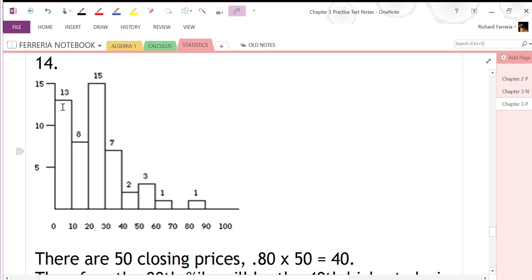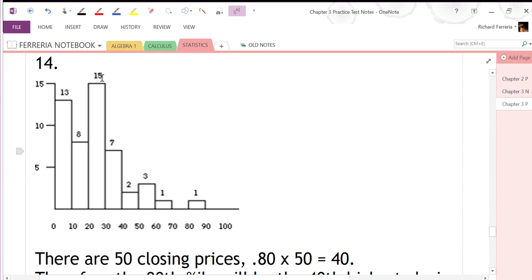So the 80th percentile, again, you said that was going to be the 40th measurement lined up from the bottom. So 13, this is the lowest 13 right here, right? This is the next lowest 8. So in other words, the lowest 21 measurements are all less than 20.